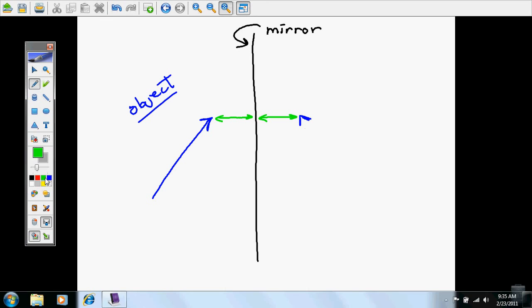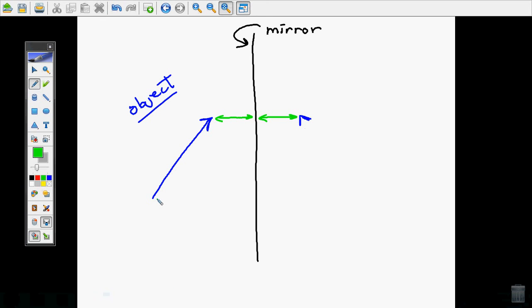And we know, however far the feet of the object are away from the mirror, that's got to be the same over here.